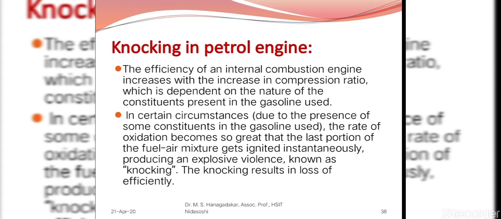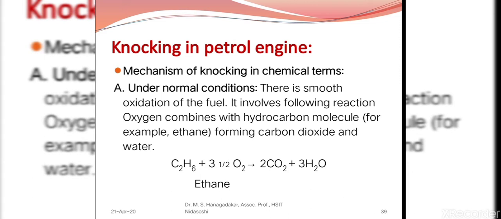In certain circumstances, due to the presence of some constituents in the gasoline or petrol, the rate of oxidation becomes so great that the last portion of the fuel and air mixture gets ignited instantaneously, produces an explosive violence sound after hitting with the piston and wall of the cylinder, known as knocking. Therefore, knocking results in the loss of efficiency of the engine.